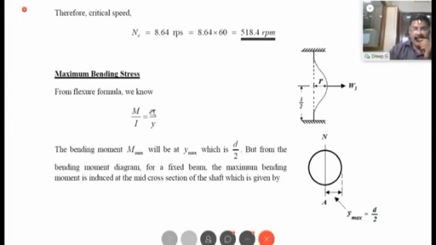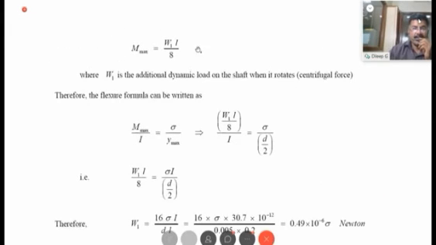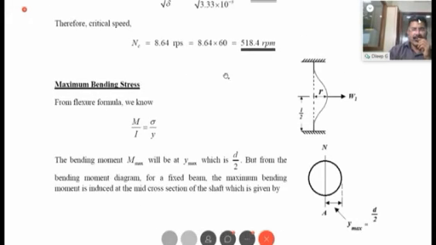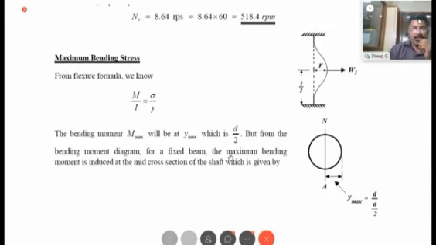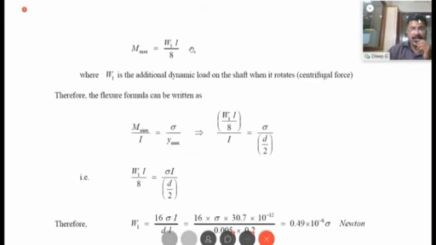So sigma max is equal to M max / I × Y max. That is what is written over here. Now you know what is M max. M max for a fixed beam, fixed shaft like this, due to this transverse load at the center W1, maximum bending occurs only at the central cross section, which is given by M max is equal to W1 × L / 8.